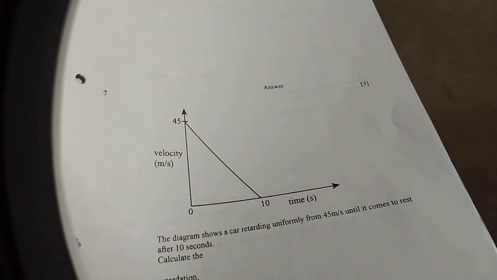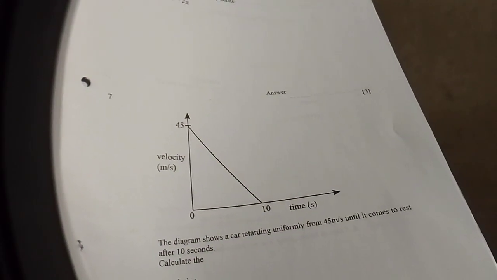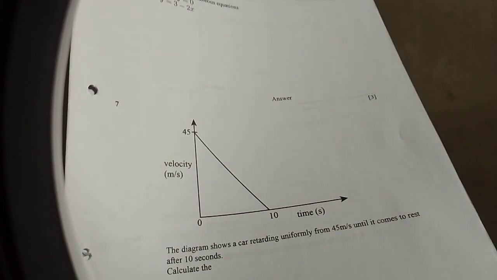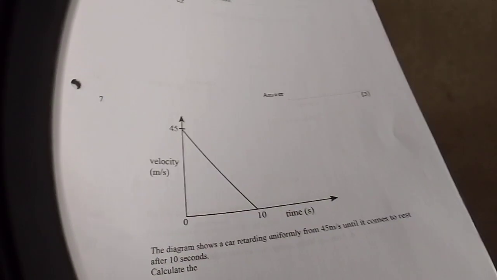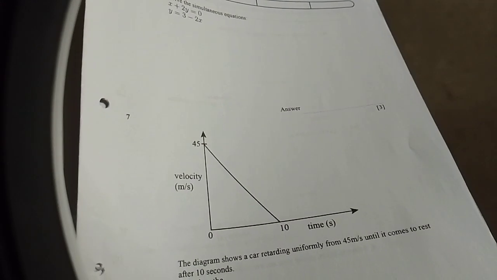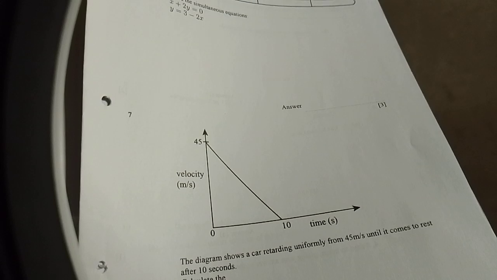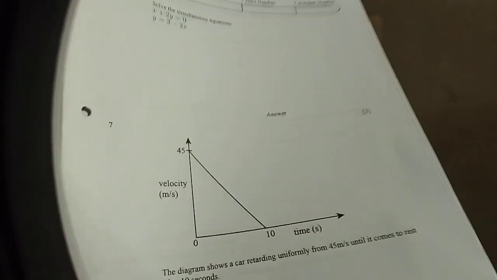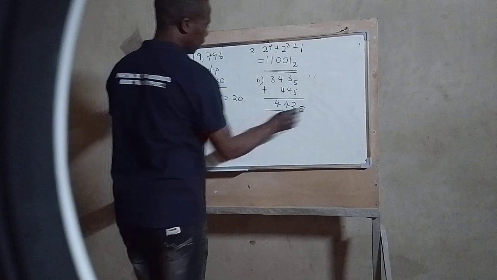Now, when you're calculating the deceleration or acceleration of a moving object on a speed time graph, velocity time graph, we simply calculate the gradient of that line. If we calculate the gradient, that's equal to acceleration or that's equal to retardation. So, we have this.